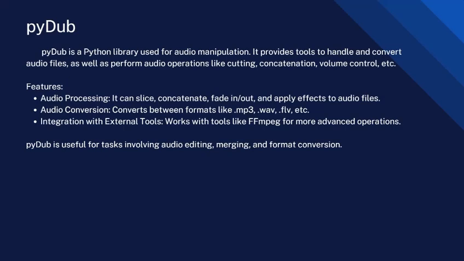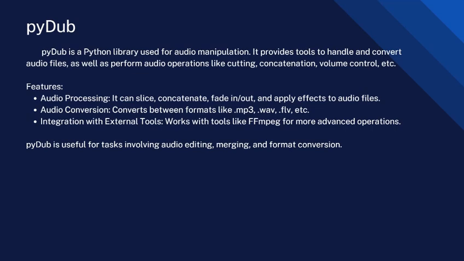Next is PyDub. PyDub is a Python library which is used for audio manipulation. It provides tools to handle and convert audio files as well as perform audio operations like cutting, concatenation, volume control, etc. Its features are audio processing. It can slice, concatenate, fade in, fade out, and apply effects to audio files.